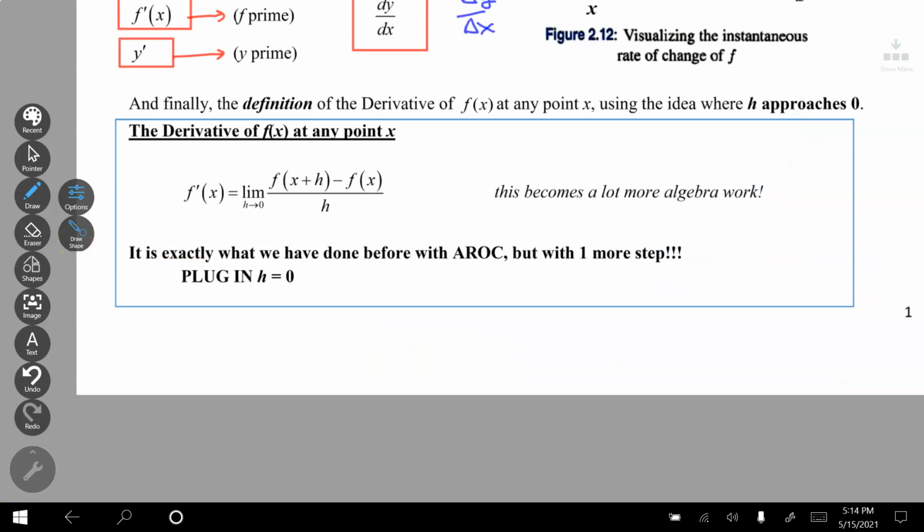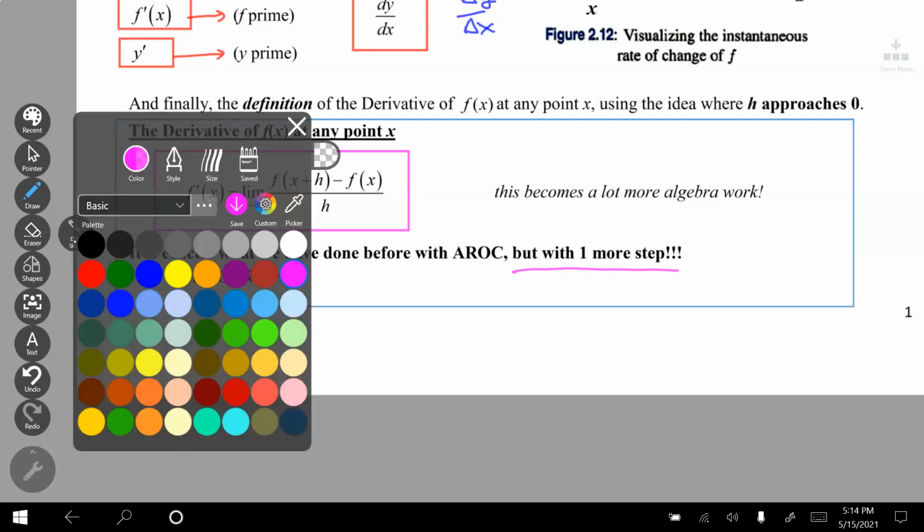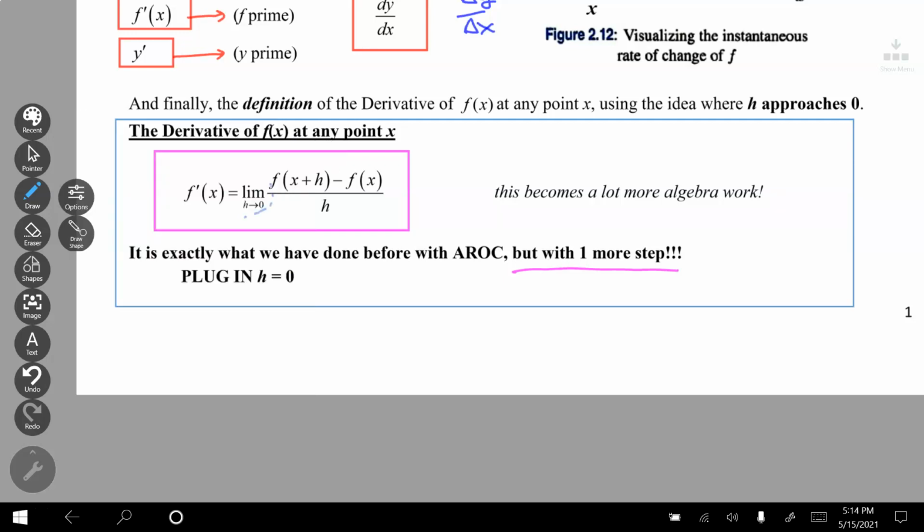So our definition of the derivative is going to be this formula that we've been using all year, the f of x plus h minus f of x over h, except we've added one more step. And this extra step is when we're done, we have this whole limit right here. This limit as h goes to 0, so at the very, very end, we're going to plug in h equals 0, and we're going to get rid of that h.